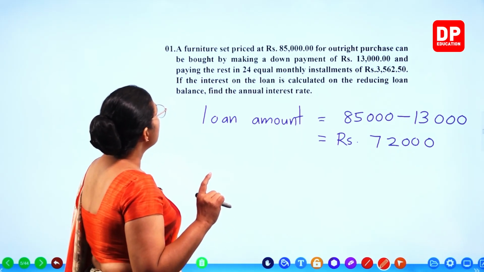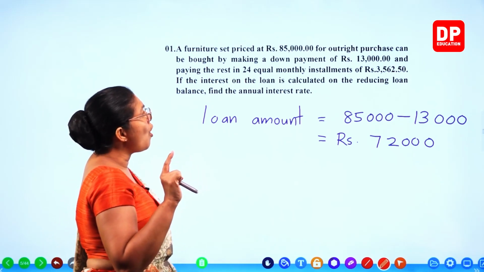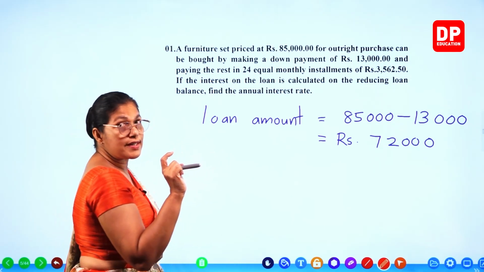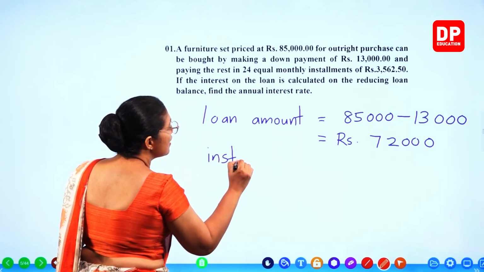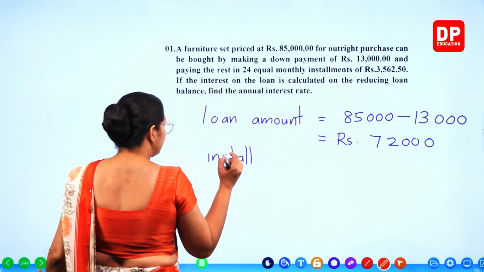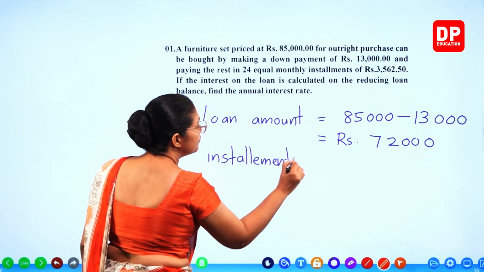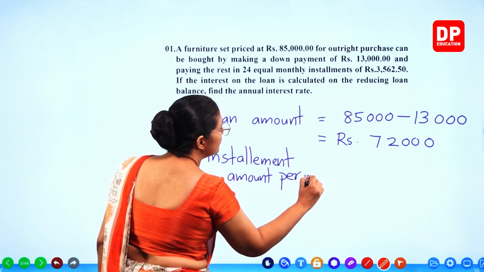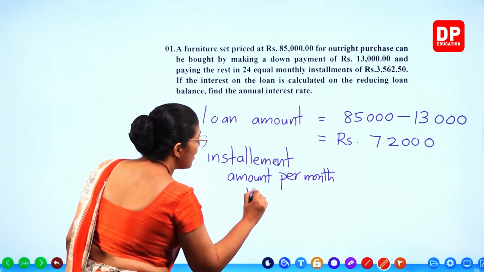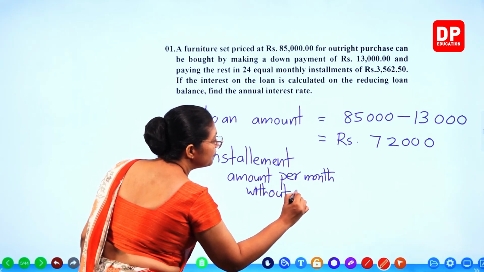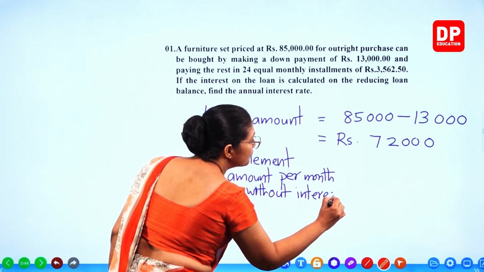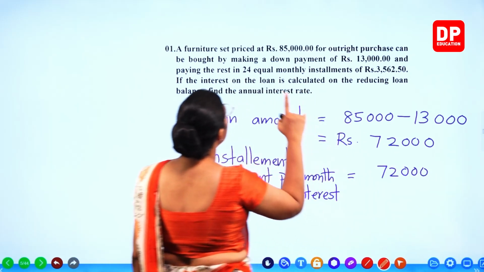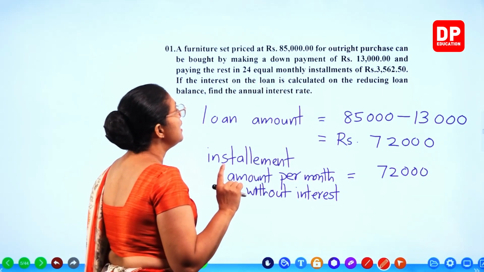Then we can calculate the installment value for 1 month without the interest. Installment without interest: 72,000, and how many equal months? 24 equal monthly installments.